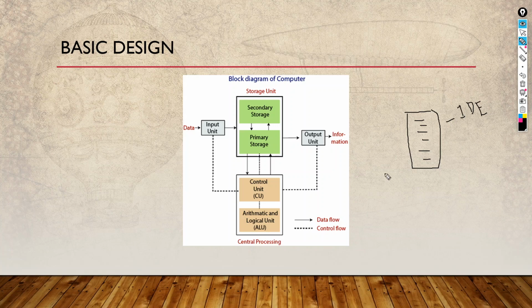We write it in an IDE and then we save the file into the hard disk, HDD. Then when we say execute that program, this file gets copied into the primary storage, that is nothing but RAM.